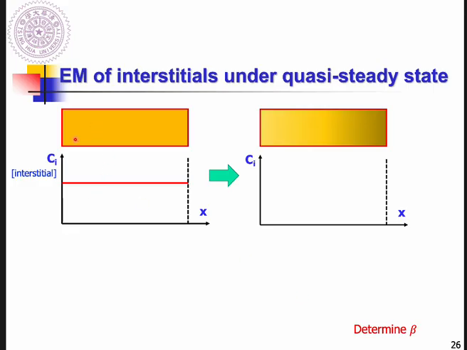So what we have here is, in the beginning, one material with a constant concentration of interstitials. Next, I act an electrical field on this material, and the direction is toward the left-hand side, which means you connect the anode on your right-hand side and the cathode on your left-hand side.